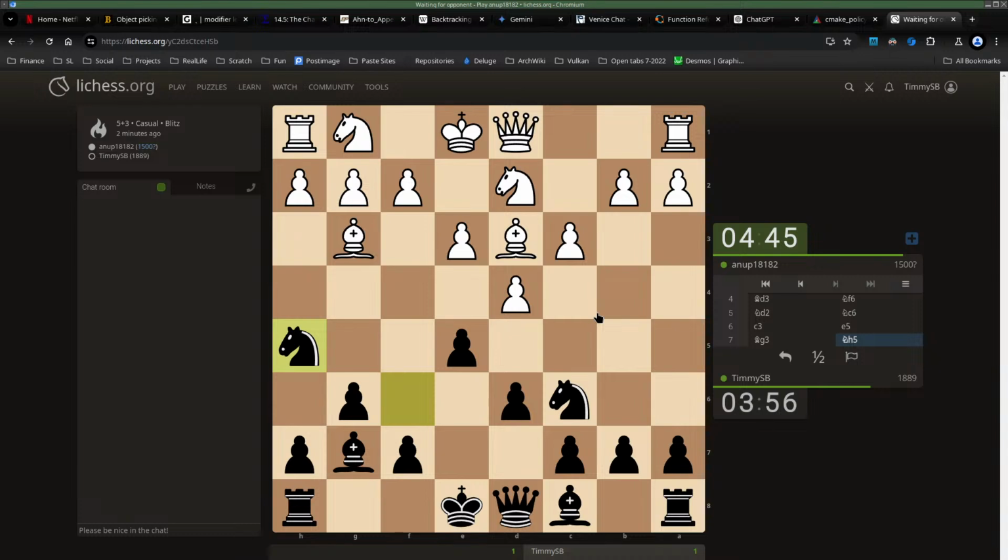At least it costs a bishop pair. Actually, maybe it doesn't. Unless I go back all the way here. Oh, that's just great. That is just great.